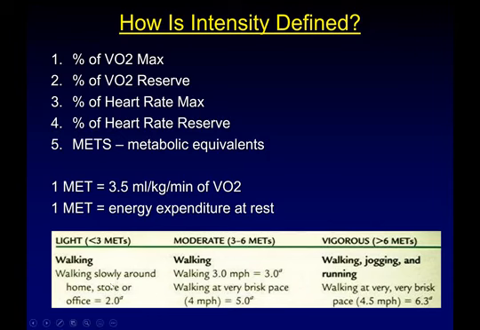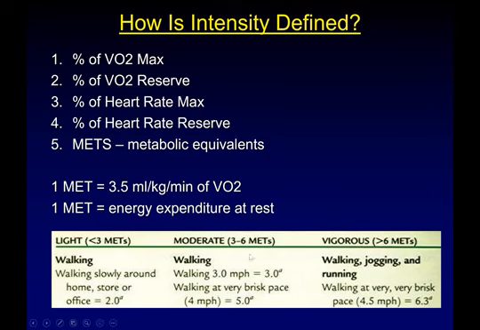Anything that is basically slow walking and under is probably light intensity activity. Okay, light intensity activity. So that tends to work out to be about 10.5 mLs per kg per minute of VO2. Okay, so most of you guys, you get up, you walk around, you're going to be over that.